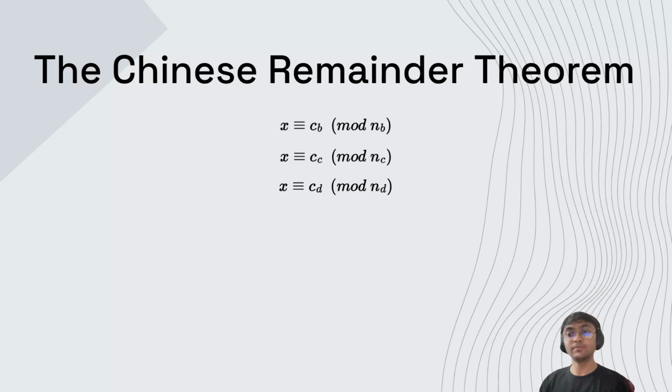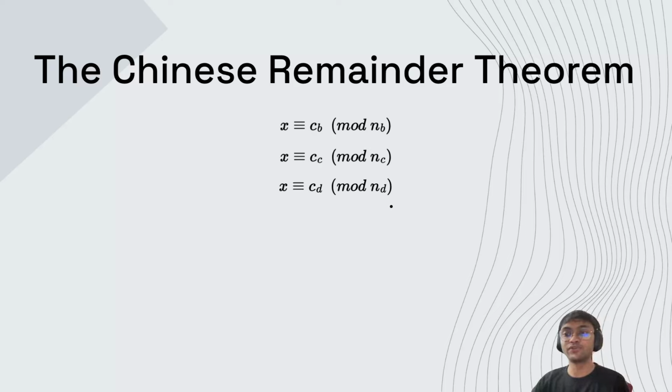Now let's go step by step for a system of three congruencies. Suppose we have x congruent to c sub b mod n sub b, another equation which is x congruent to c sub c mod n sub c, and another which is x congruent to c sub d mod n sub d.